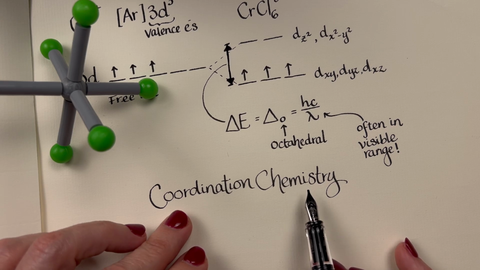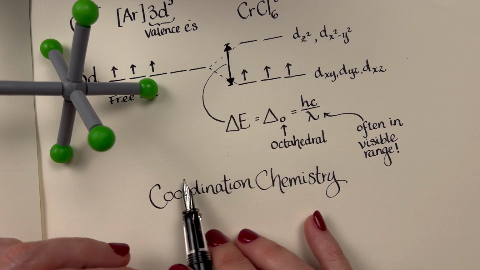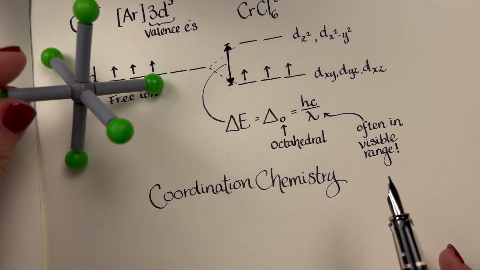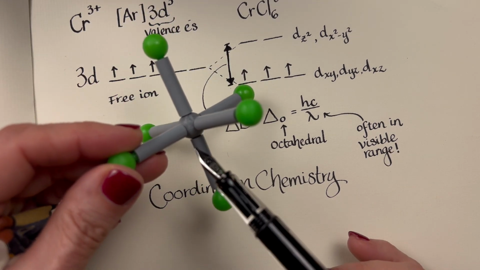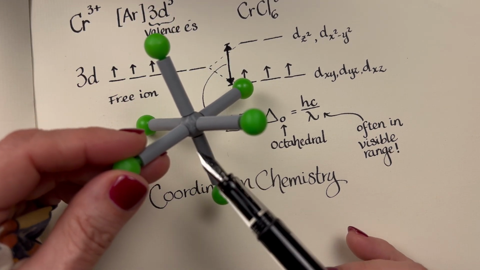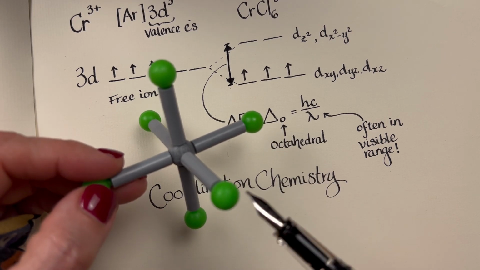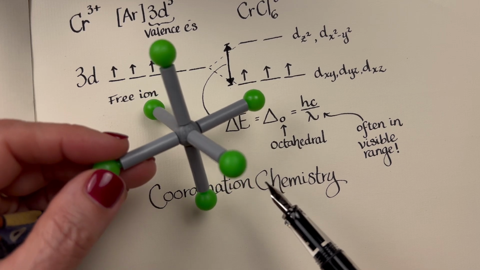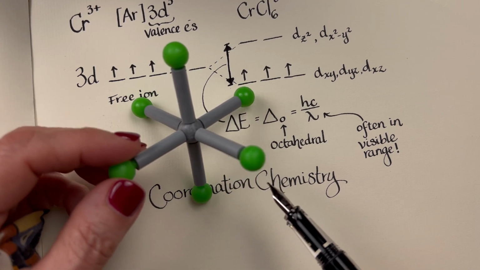The iron in our blood, hemoglobin, it's all based on coordination chemistry. In hemoglobin, we have iron in the center, and then these nonmetals around here are part of the hemoglobin protein.